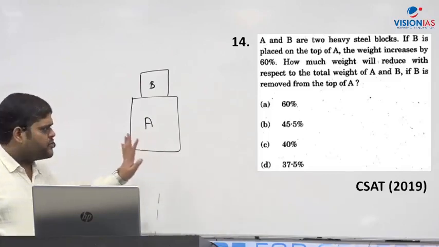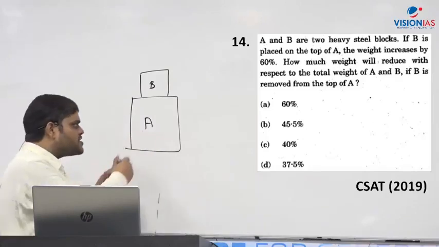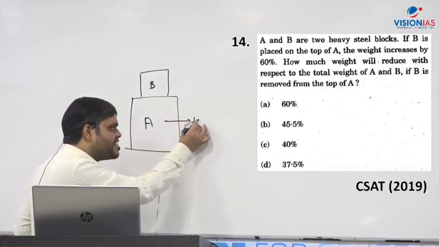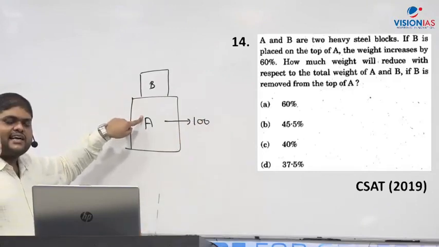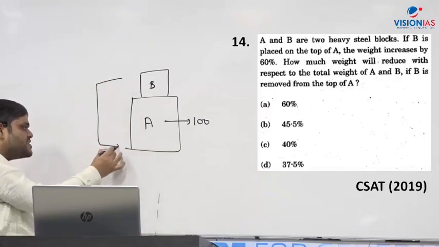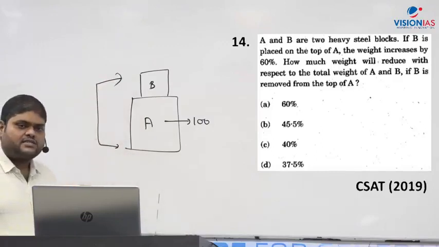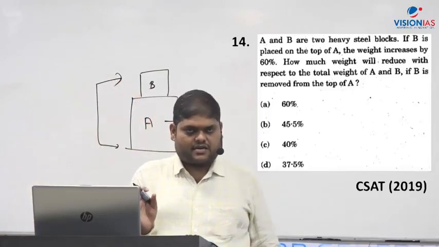Now most of you are giving the correct answer. What happened? Suppose I take A as 100. When I put B, the weight increases by 60%, that means an increase by 60. What is the meaning of an increment of 60%?